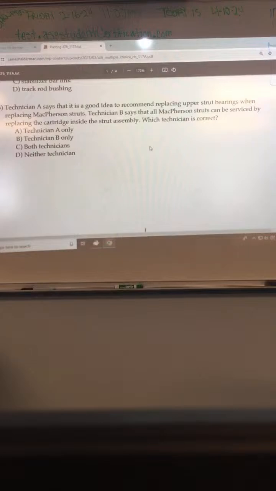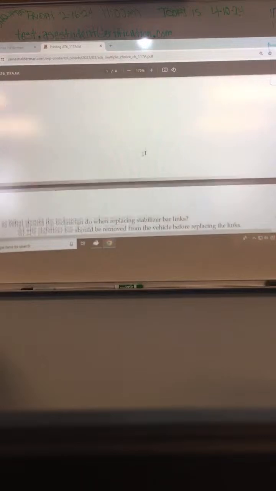But this one says many McPherson struts are replaced as an entire unit assembly. Other struts can have the cartridge inside the housing replaced. But at the bottom of that same sentence it says always replace the cartridge assembly per the manufacturer's recommended procedure. It's kind of contradicting, it's confusing. Would that be both? What answer do they want?